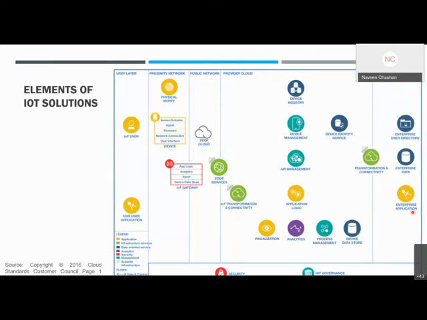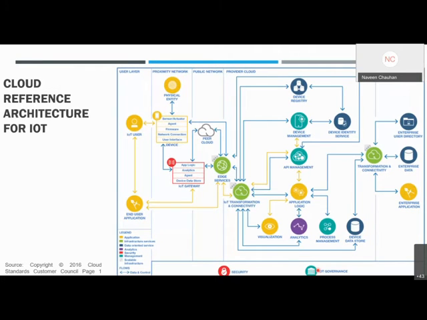So the next slides will give you an idea, an elaborative way, of all the things. This is just the cloud reference architecture for the IoT, where everything is the same, but we are giving an idea of how things will actually move from one layer to another layer, where we talk about the layers in terms of the user layer, proximity layer, public network, provider cloud and enterprise network.